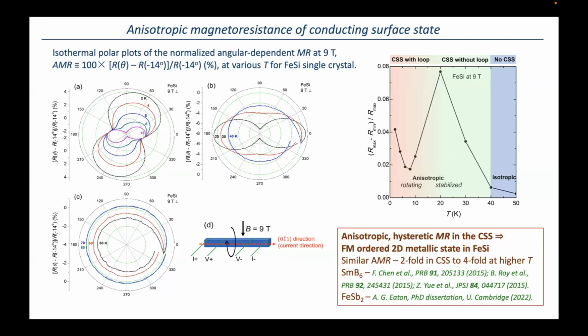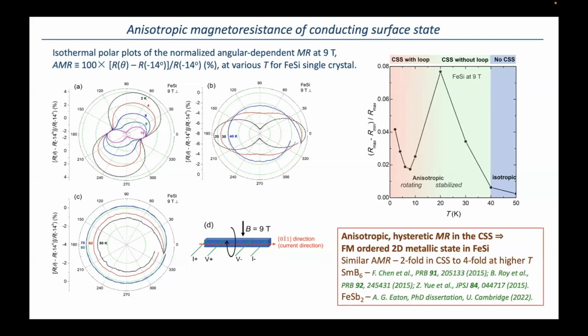We're looking at the resistance at angle theta minus the resistance at -14 degrees, which is the reference point, divided by the resistance at -14 degrees. This is in percent, and it's at various temperatures for the iron silicide single crystal that we investigated.